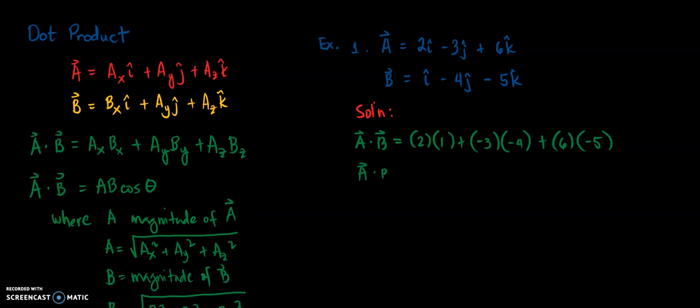So 2 times 1 is 2, negative 3 times negative 4 is positive 12, so plus 12. 6 times negative 5 is negative 30, so minus 30. A dot B is equal to negative 16. So 2 plus 12 is 14, minus 30 is negative 16.